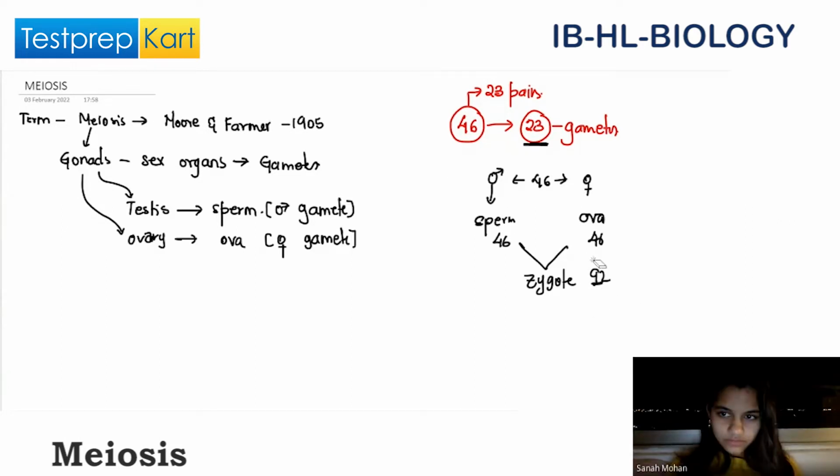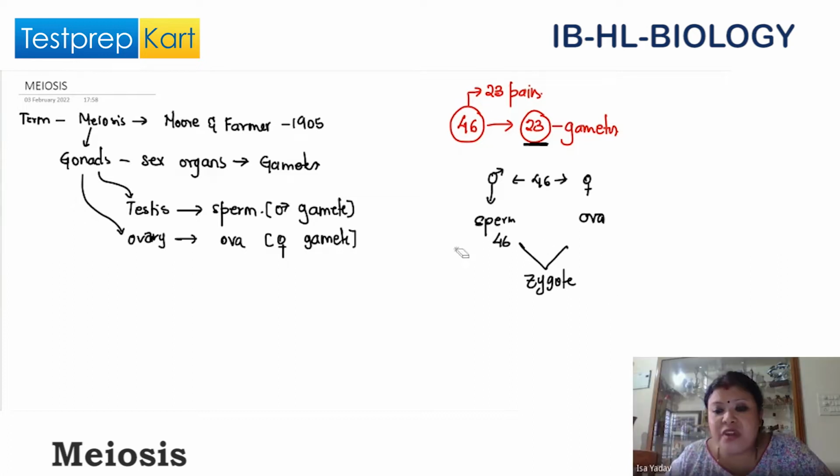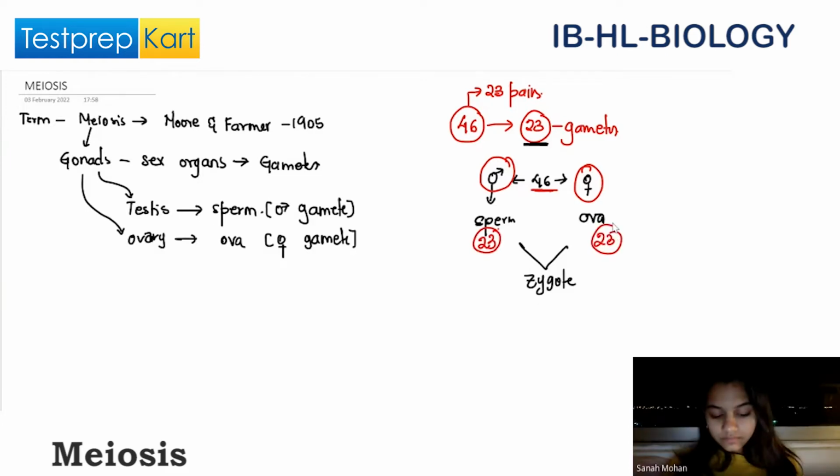No. So that's the reason that when the gametes are formed, the chromosome number is reduced. If the individual has 46, 23 pairs, then gametes will always have only 23 chromosomes.